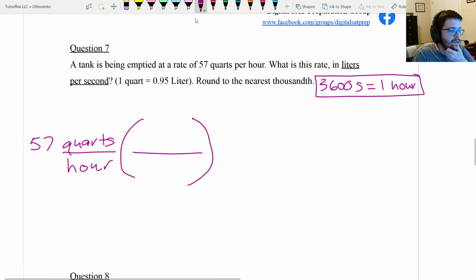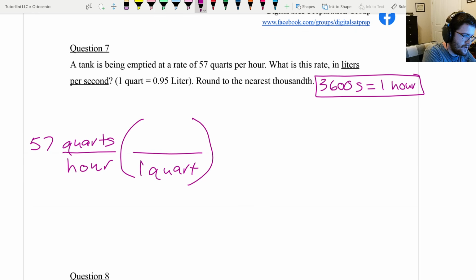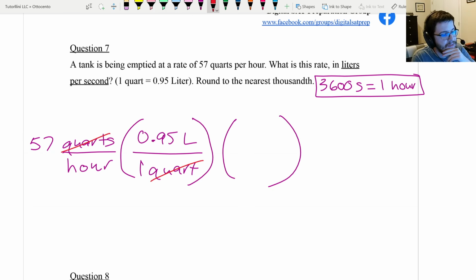Okay, so why don't I do the quarts first? So I'm going to put 1 quart and 0.95 liter. We have quarts in this conversion, so we're going to use that one. I have quarts on opposite sides of the division sign, so it cancels. And now we're going to convert the hours.